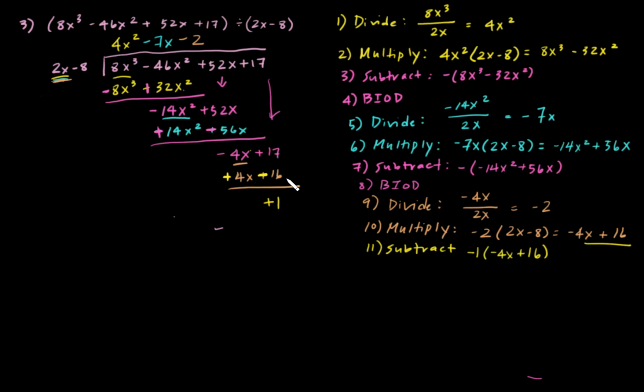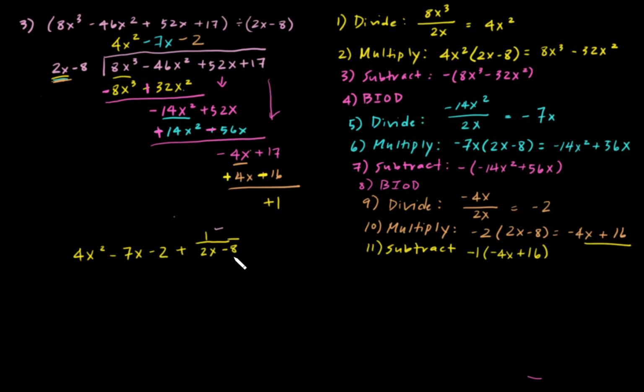Okay, now that's my remainder, and that needs to be added to the quotient with the divisor as the denominator. So my answer is 4x squared minus 7x minus 2 plus 1 over 2x minus 8.